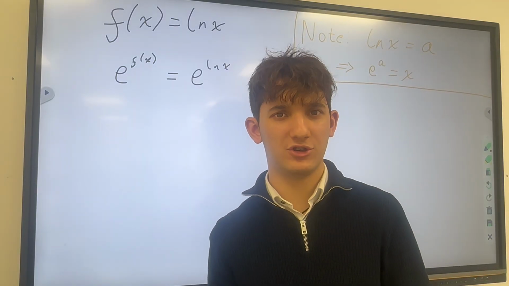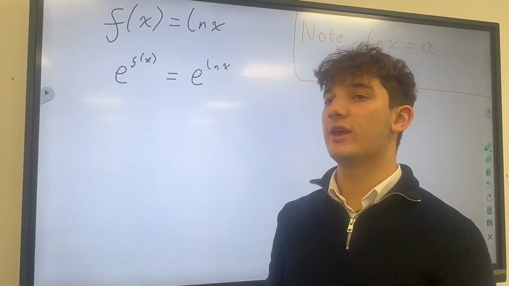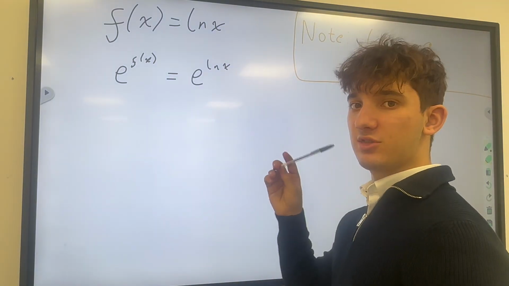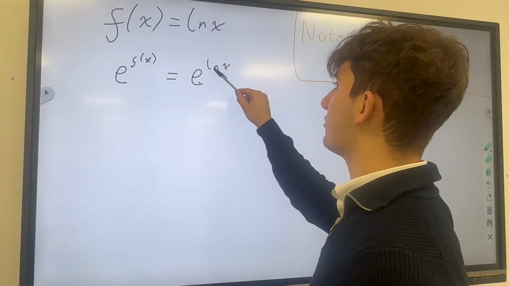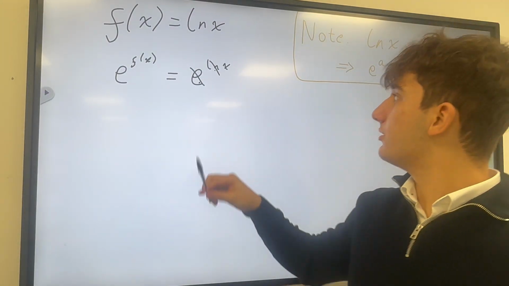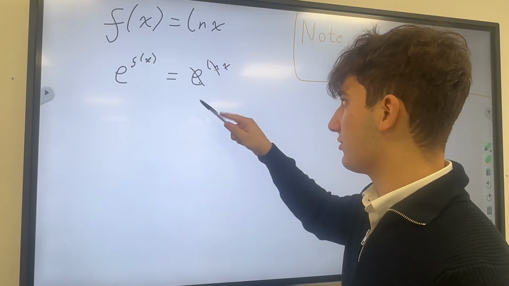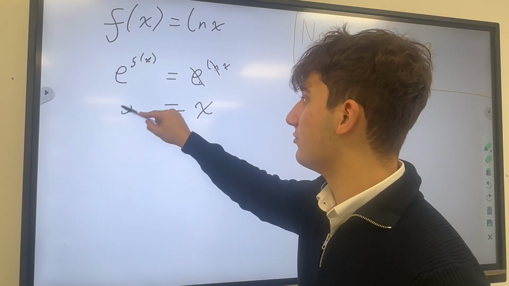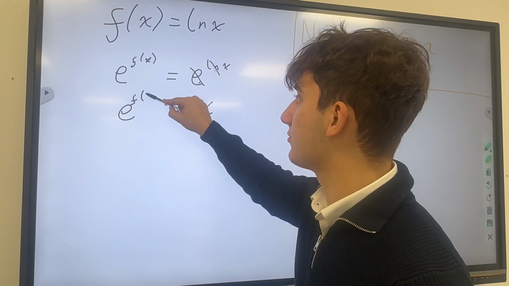You may be wondering, why would you do that? It looks more complicated than when we began. But actually, what's special about this is that these two are inverses, as I showed up here. So we can cancel them out, which gives us x. And now this equals e to the f of x.